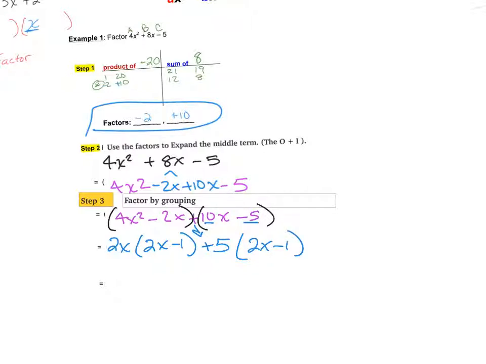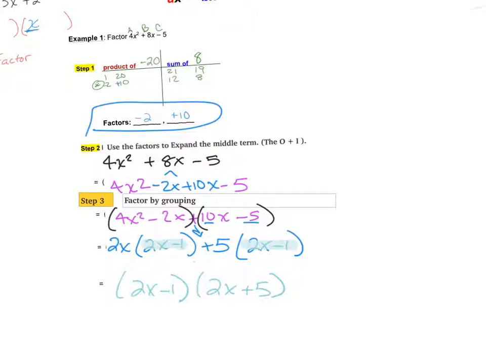And then what's left is I factor out the 2x minus 1 from both of these. And I'm left with the other binomial of 2x plus 5. Remember, you're looking for factors. So things that are left are being multiplied. There's no addition or subtraction left here.